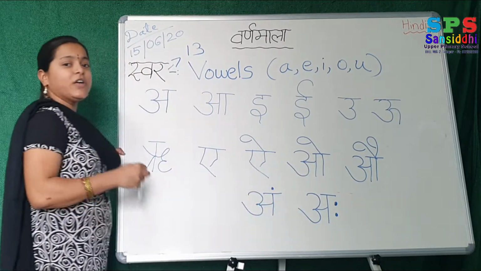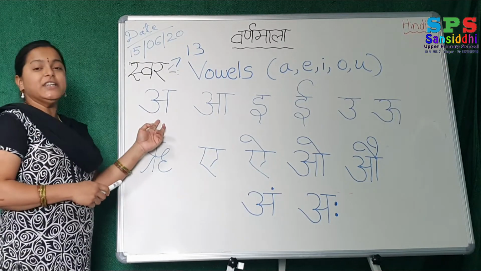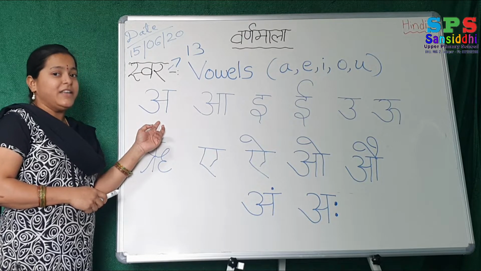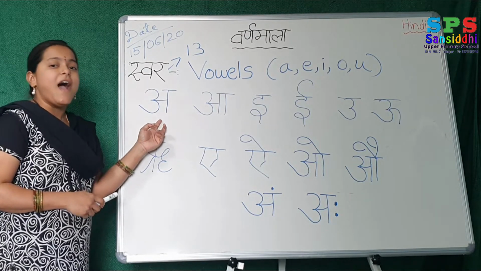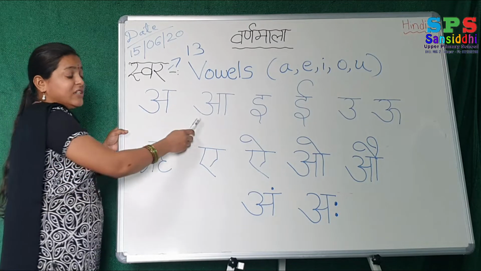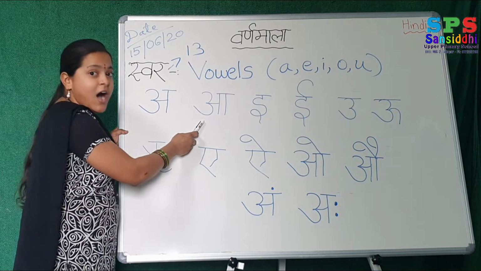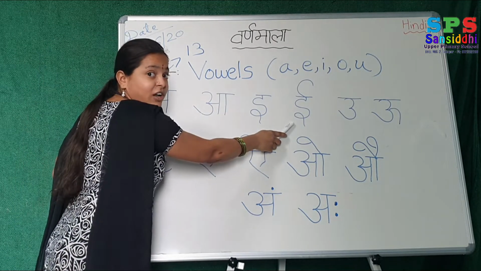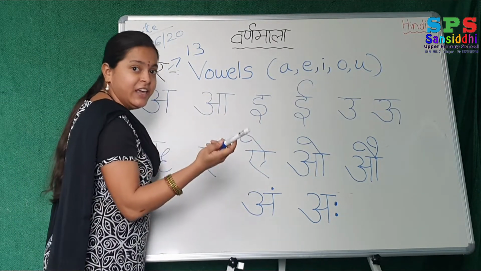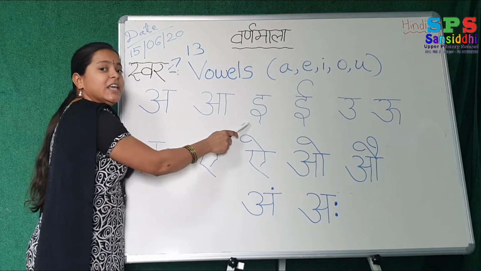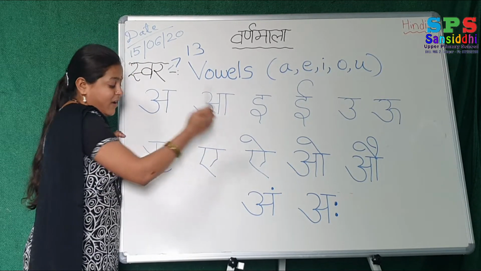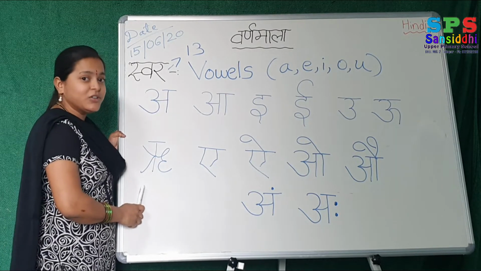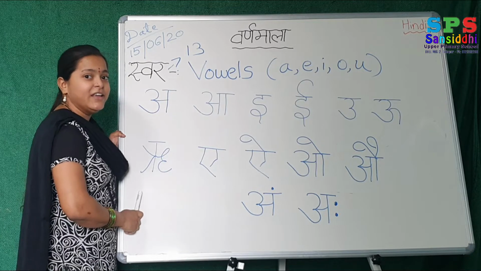Aha. Now kids, tell me now, what is this letter? Yes, this letter is called A. And what is this letter? And now, what is this letter called? E. This letter E. Okay? Now tell me, what is this letter? Come on, good. Re.